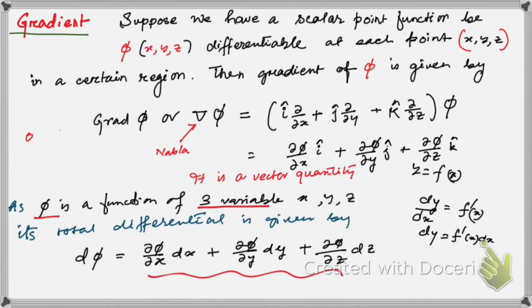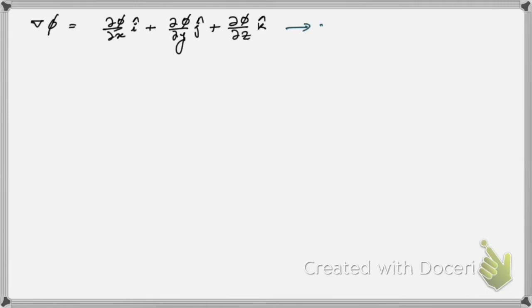Now you see, from here what we can do, let's move on to the next slide. So we have got grad phi is equal to this, right? Let me write it again. This is grad phi.